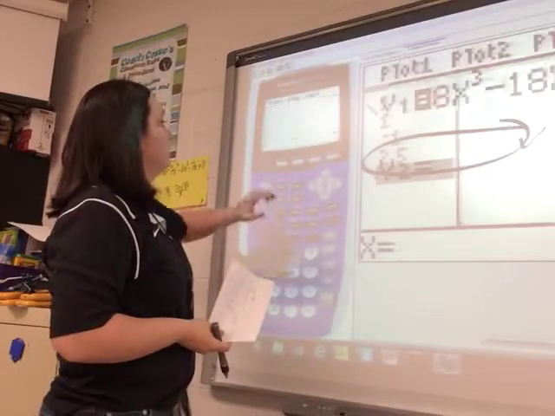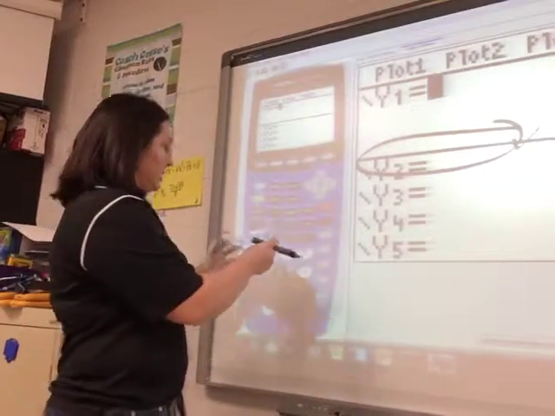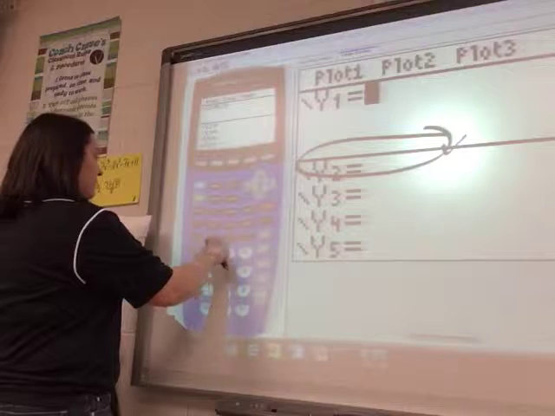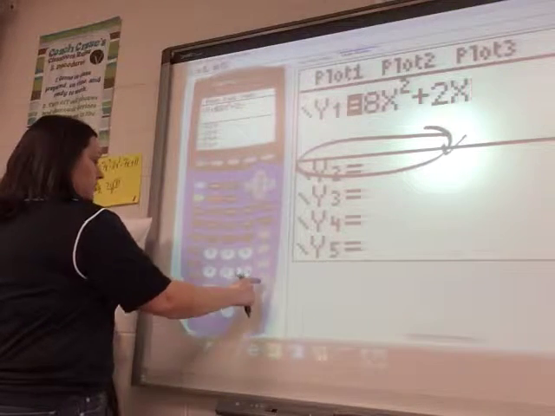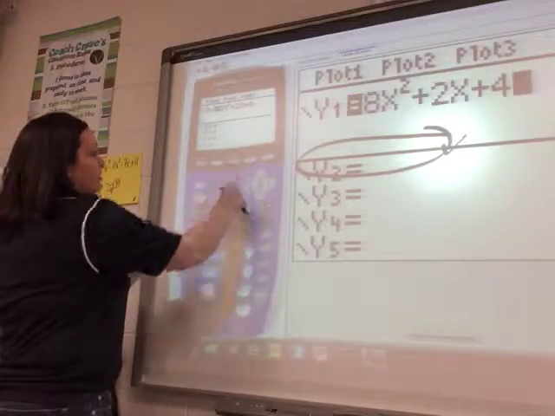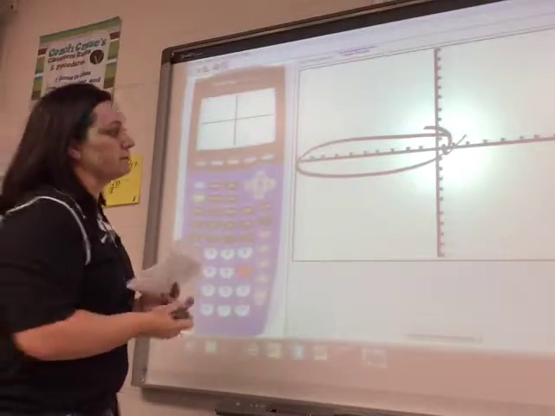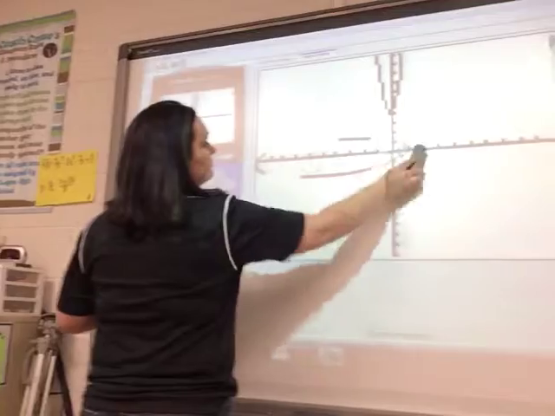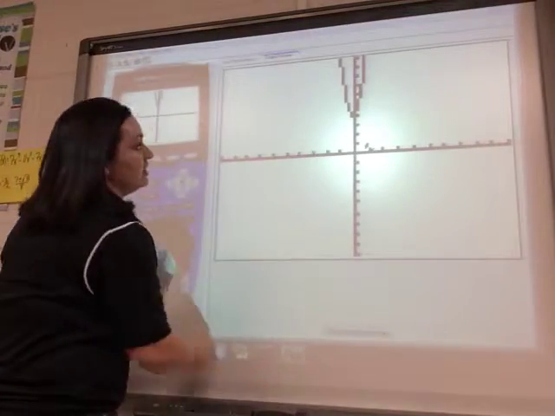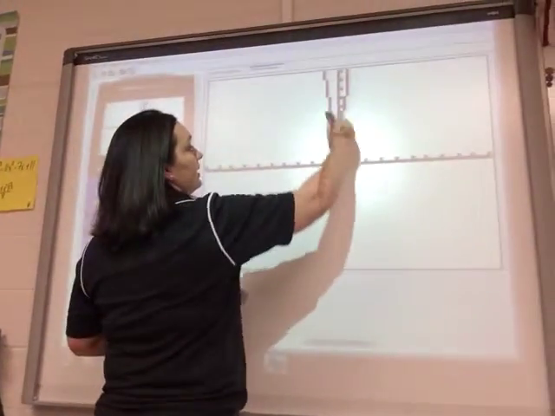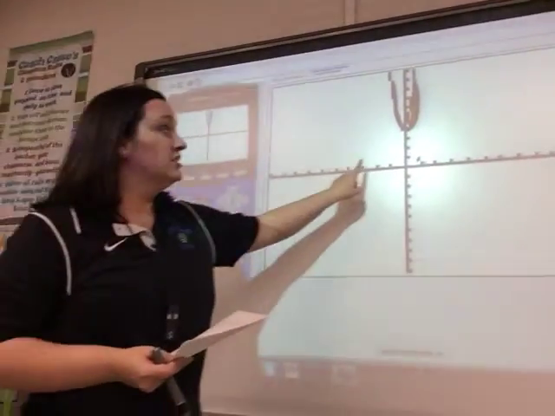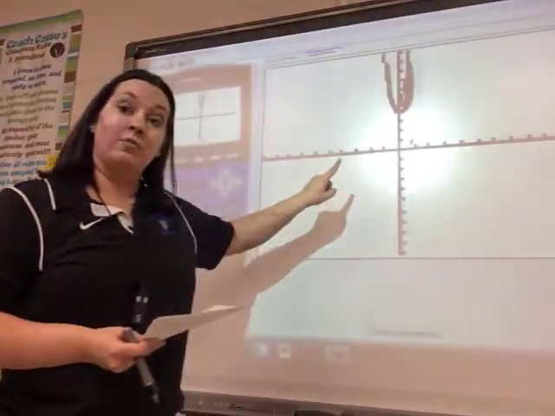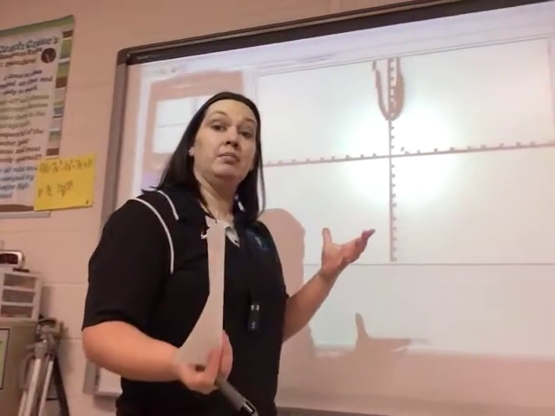I'm going to go to my calculator, clear off the screen here, type in my quadratic, 8x squared plus 2x plus 4. Let's graph this. You can barely see here. Right here is the quadratic, right here. That means instantly we know this does not touch the x-axis, therefore my answers cannot be real, they have to be imaginary.